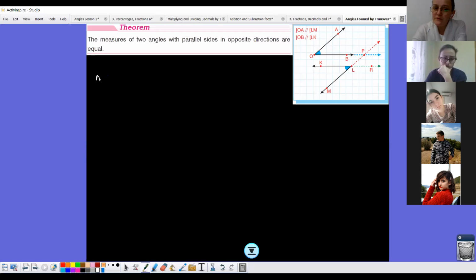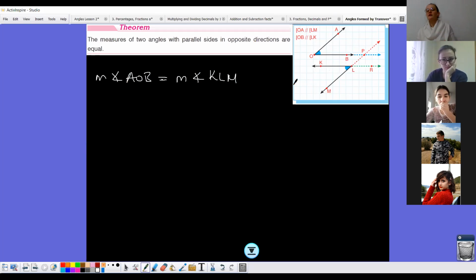Measure of angle AOB is equal to measure of angle KLM. Why? Because the sides are parallel to each other. So if the sides of two angles are parallel to each other, in opposite direction or in the same direction, the angles are equal to each other.